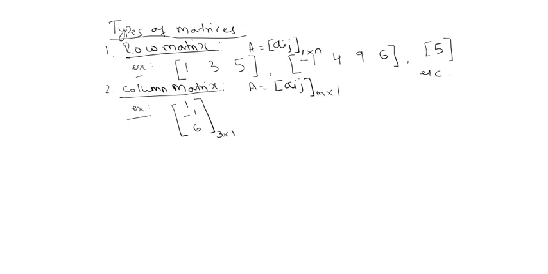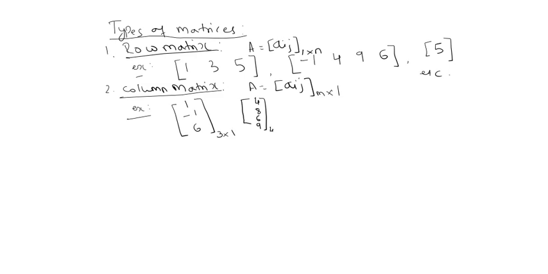Now next, 4, 8, 6, 9. If we take this, here we can observe how many columns are there. Only one column. Rows are 4. So we can write 4 by 1.